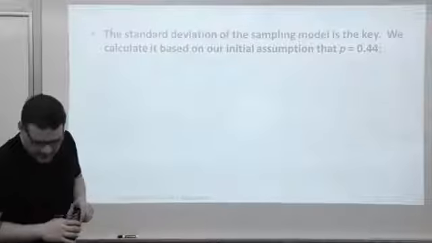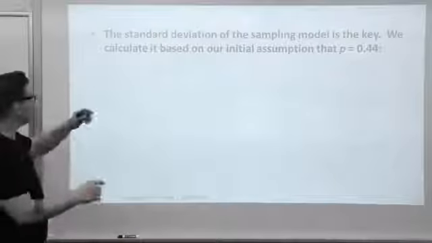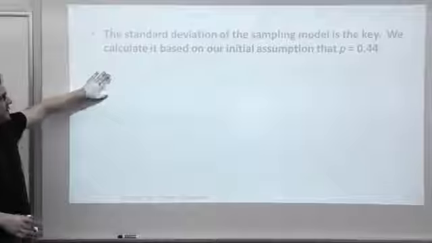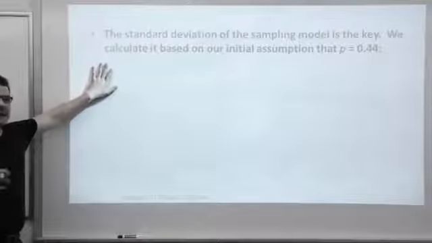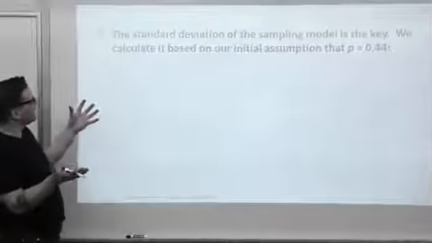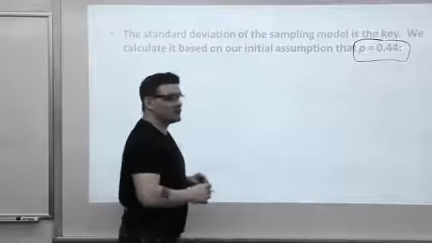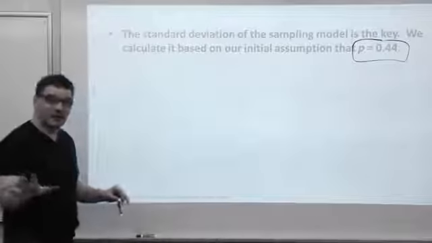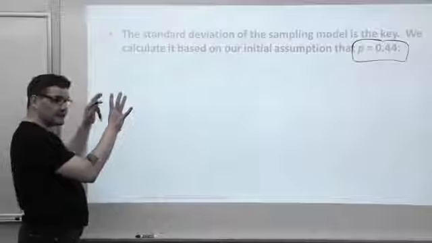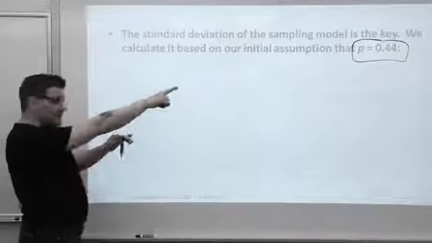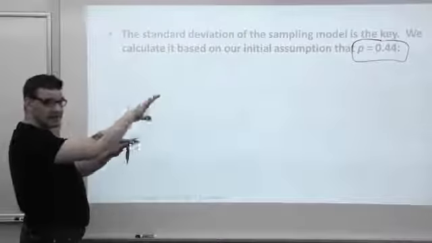Top of the next page, bullet point: the standard deviation is the key. How much larger is based on the standard deviation of the sampling model. We calculate it based on this assumption. Remember, we're assuming for Cecil p is 0.44, so when I do the standard deviation estimate, I use that one. I don't use the data.